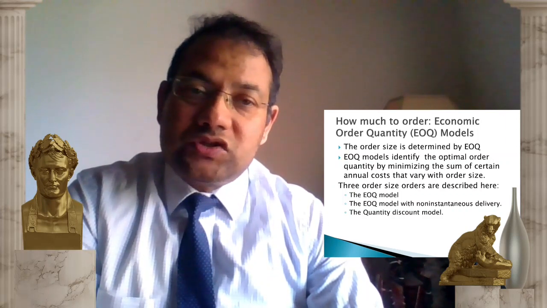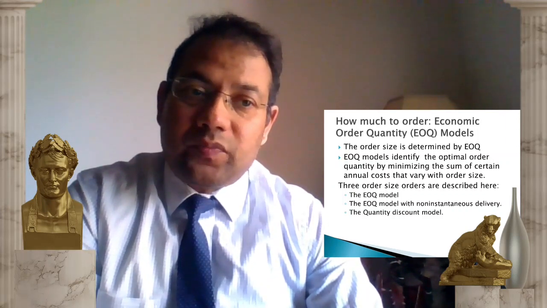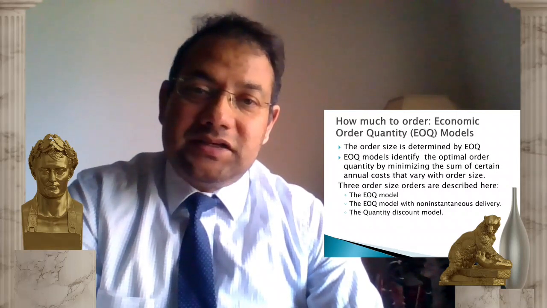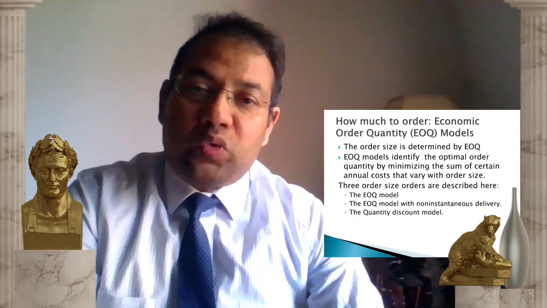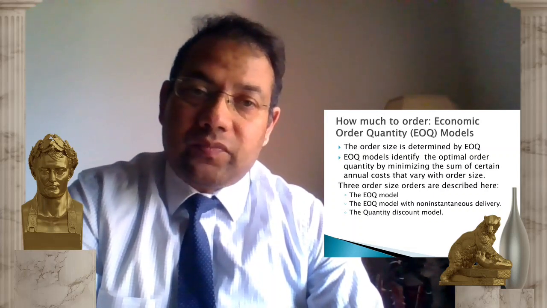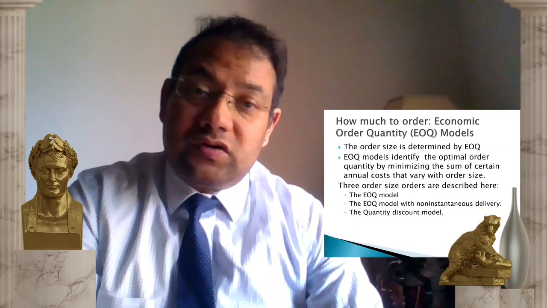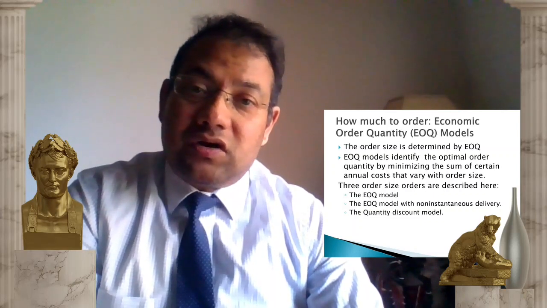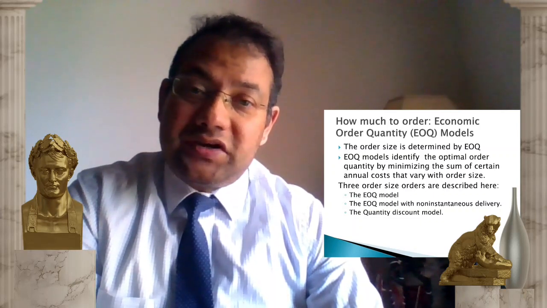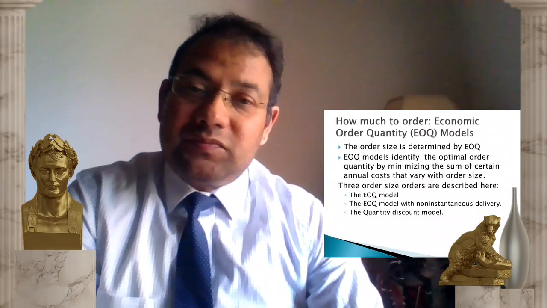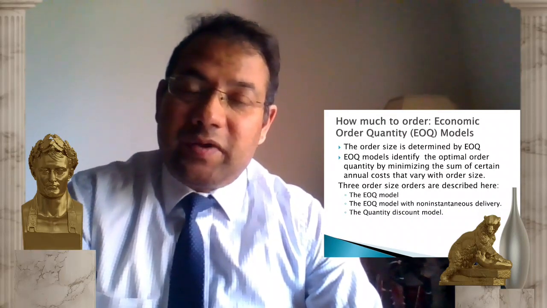because organizations want to know how much to order and when to order. And when we answer these decisions as a purchasing manager, this is our operating doctrine: how much to order and when to order. Organizations order certain quantities. If they order small quantities, the cost of ordering becomes high.